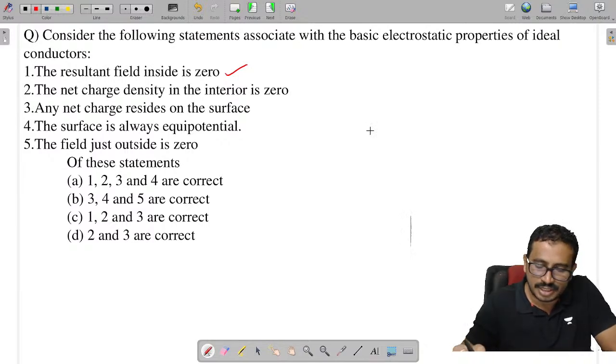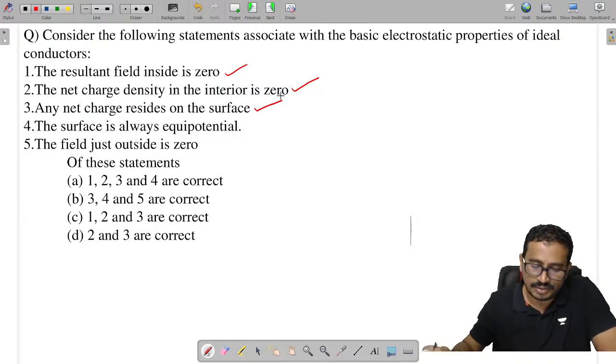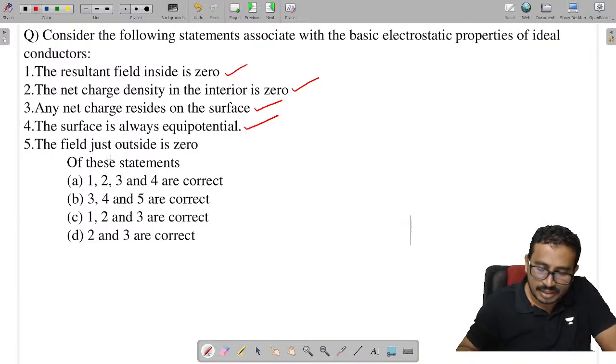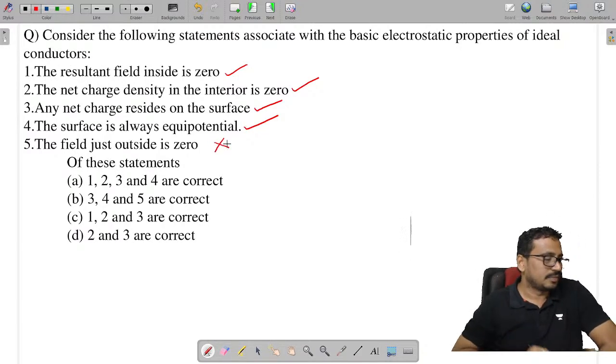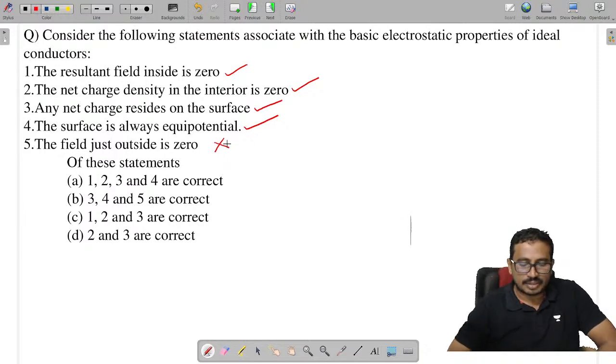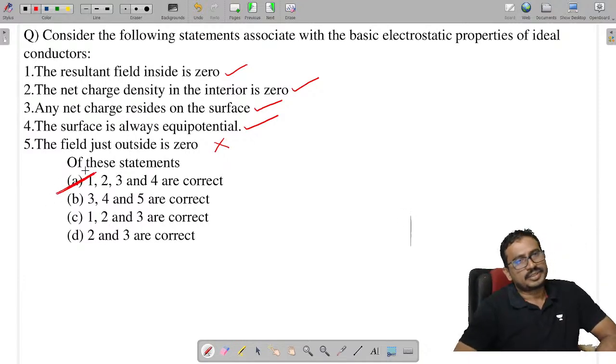There is no charge inside. The net charge resides on the surface of a conductor, and the surface is always an equipotential surface. The electric field just outside is zero? That we can't say here. The electric field may not be zero, but the conductor must be an equipotential surface. Which option? Option A.